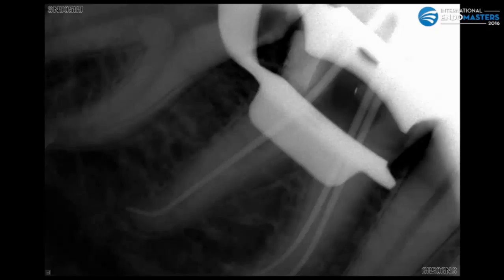After using TF adaptive to prepare, I checked the X-ray image, and I realized how difficult it was for the file to shape the abrupt curve and maintain the original shape of the canal.